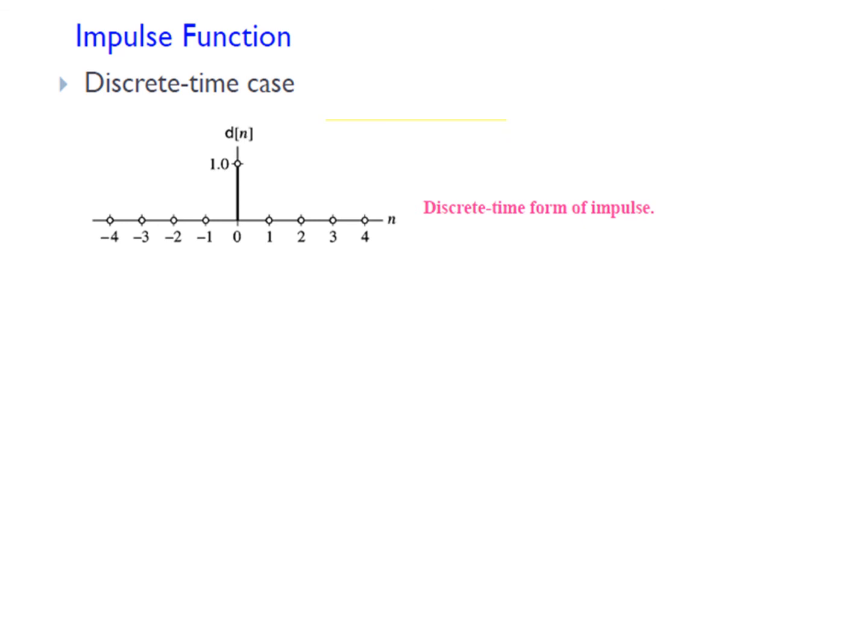Now how to show this mathematically? The mathematical definition is this. Delta n, that is how it is represented. Delta is a function of n. You can see square brackets once again, because it is a discrete signal. To differentiate from the continuous time signal, I am using square brackets.